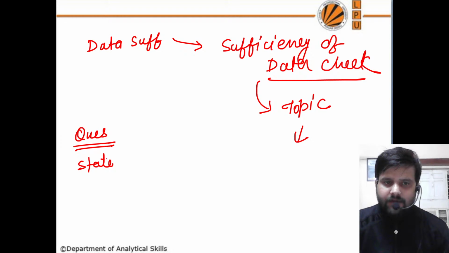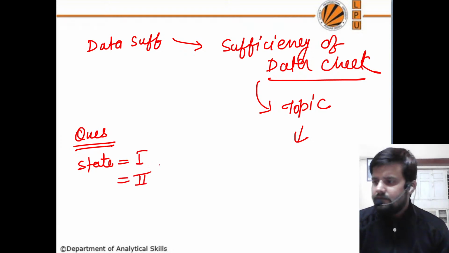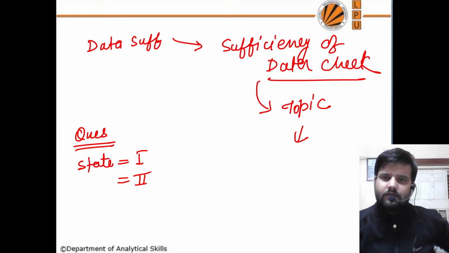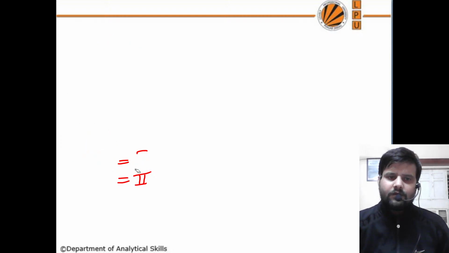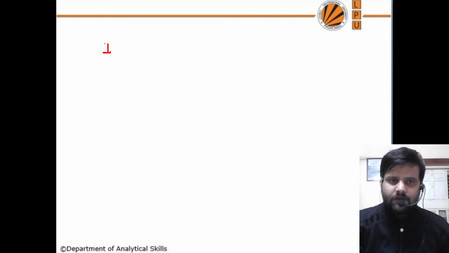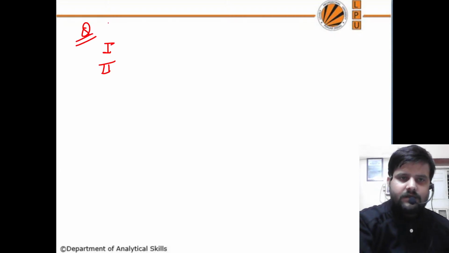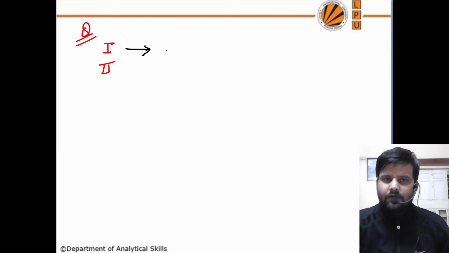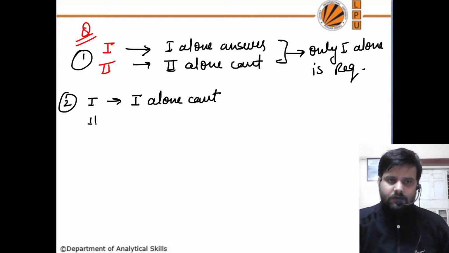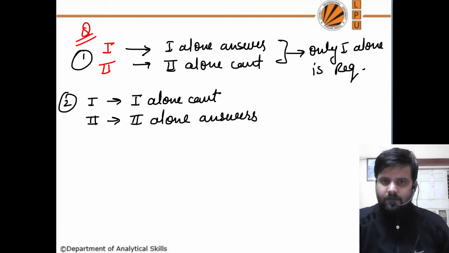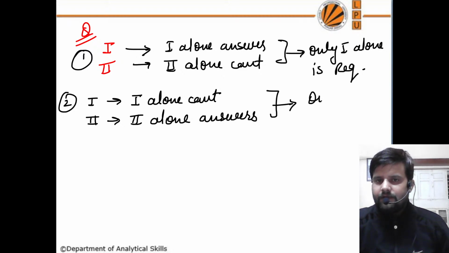and they will give you 2 statements. So when 2 statements are given, first statement and second statement, let's say first alone answers, but second alone doesn't. Or second alone answers, so the answer you will mark is only second alone is required to answer the question.